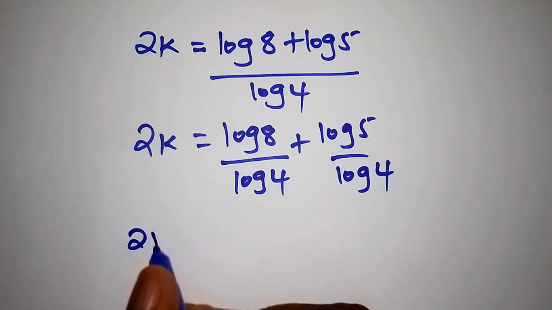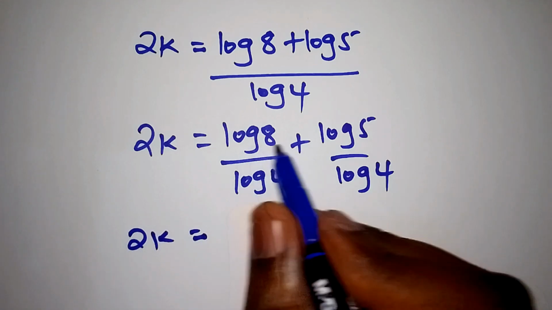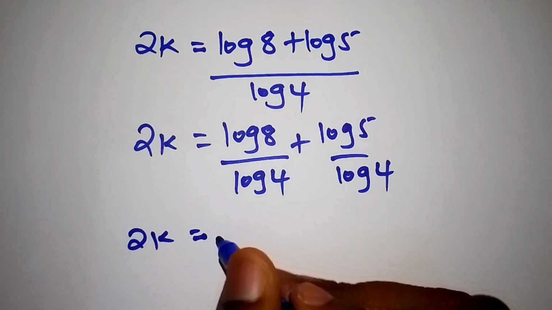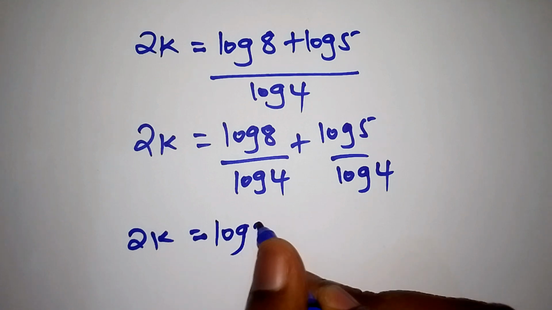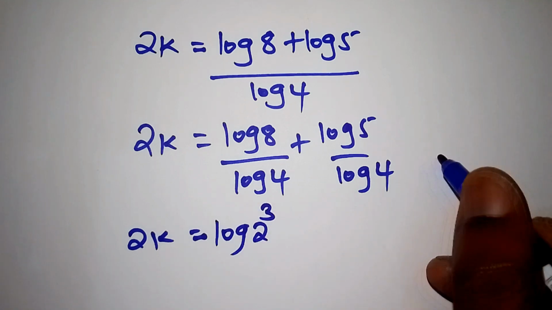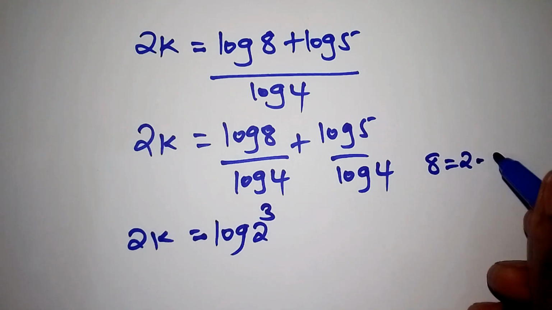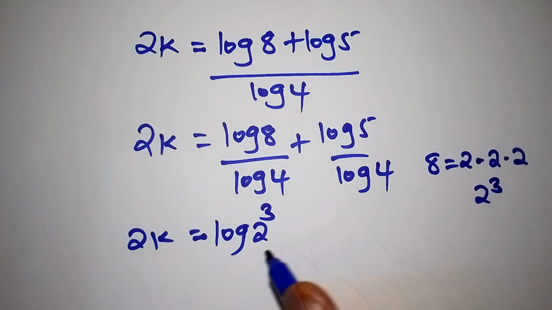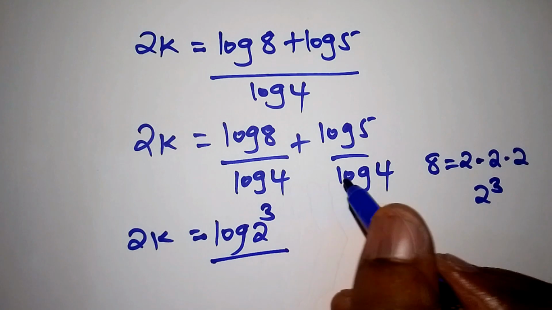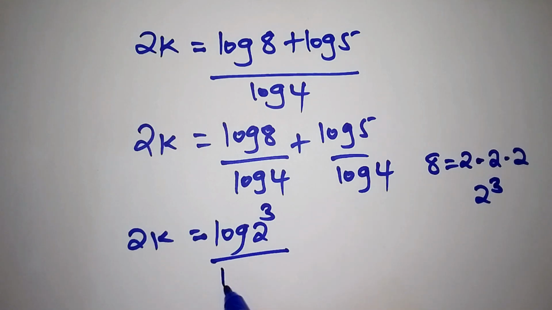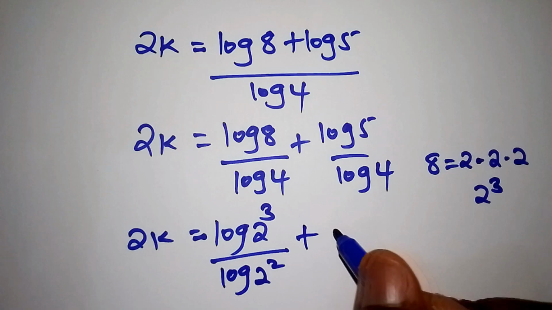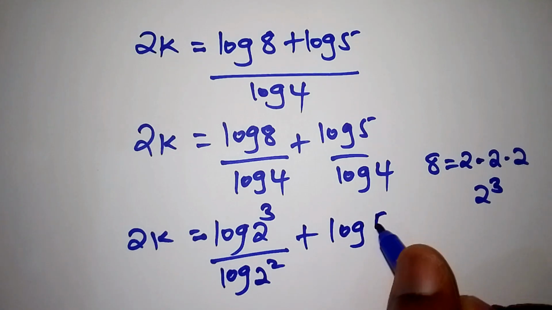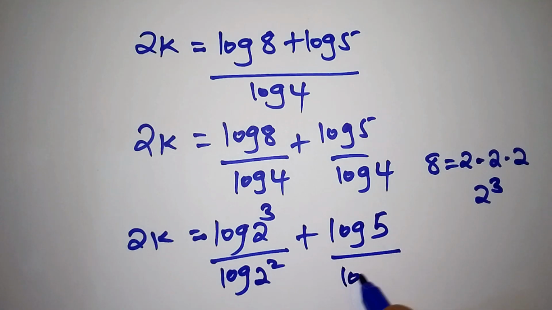When you factorize log 8, we can have it as the log of 2 to the power of 3, meaning that 8 can also be written as 2 multiplied by 2, which is 4. 4 multiplied by 2 is 8, so it is 2 to the power of 3. Then log 4 can also be written as the log of 2 to the power of 2, plus log 5 all over the log of 2 to the power of 2.